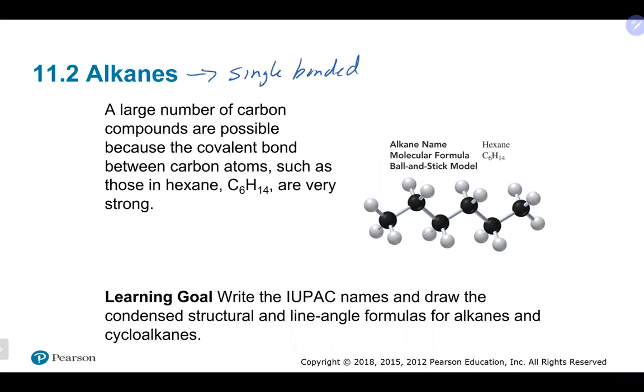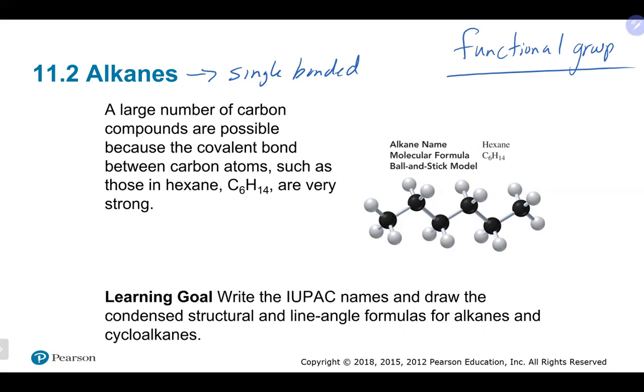Now, when we talk about different types of organic compounds, there is something that is sometimes referred to as the functional group. The functional group in an organic compound is really the part of the molecule that makes it a certain type of organic compound.